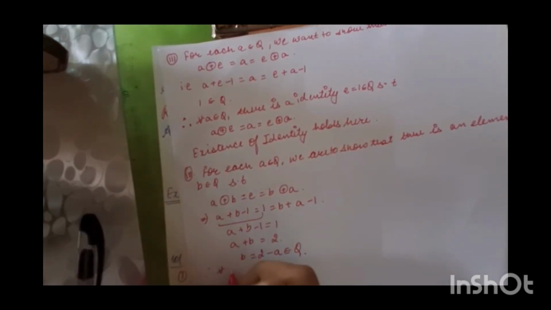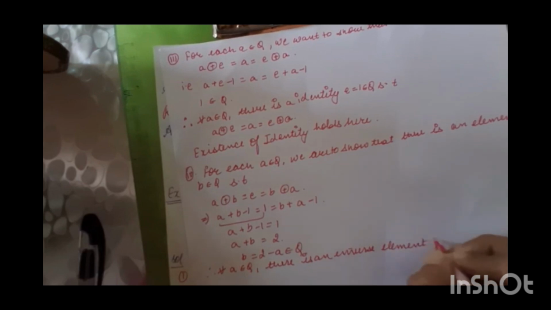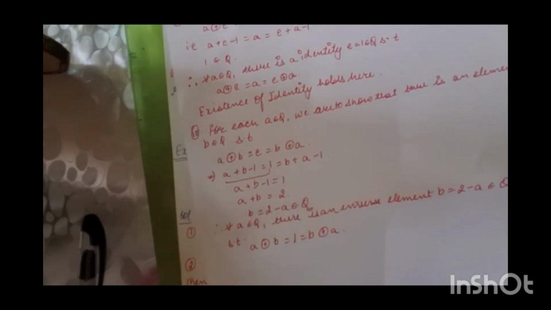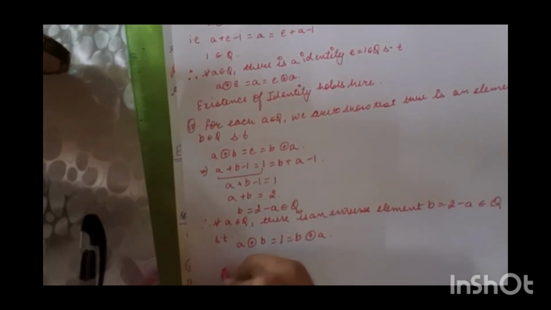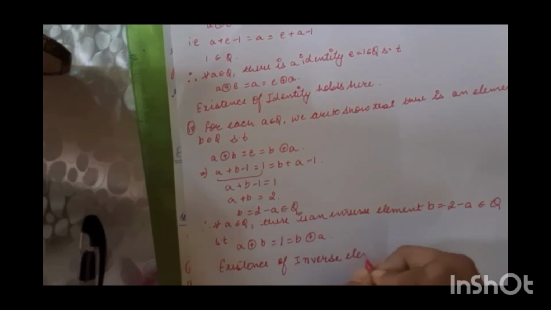So we can say for all A belonging to Q, there exists an inverse element B = 2 − A, which also belongs to the rationals, such that A operating on this B will give 1, which is the identity. So again we have proved the existence of the inverse element.